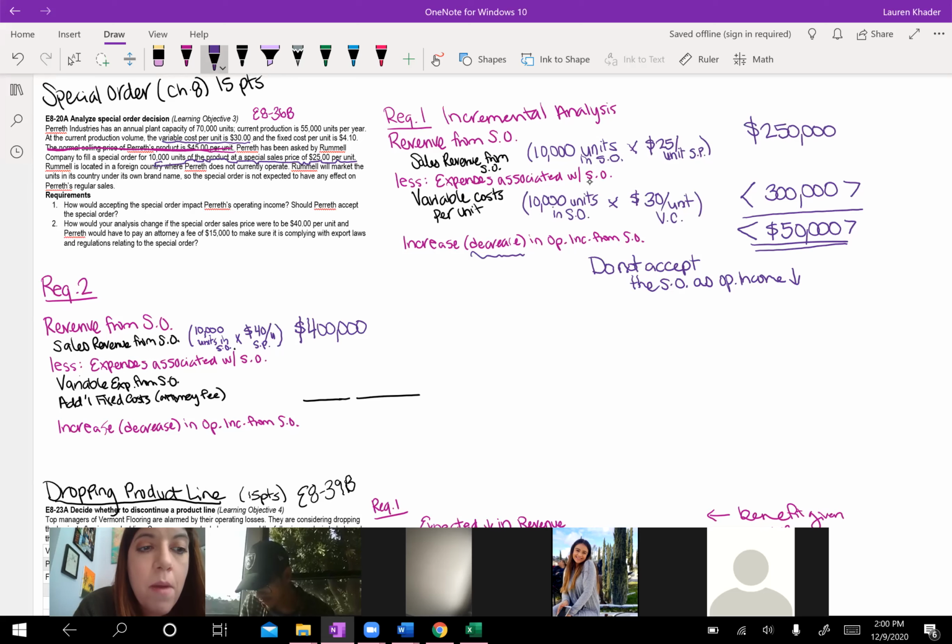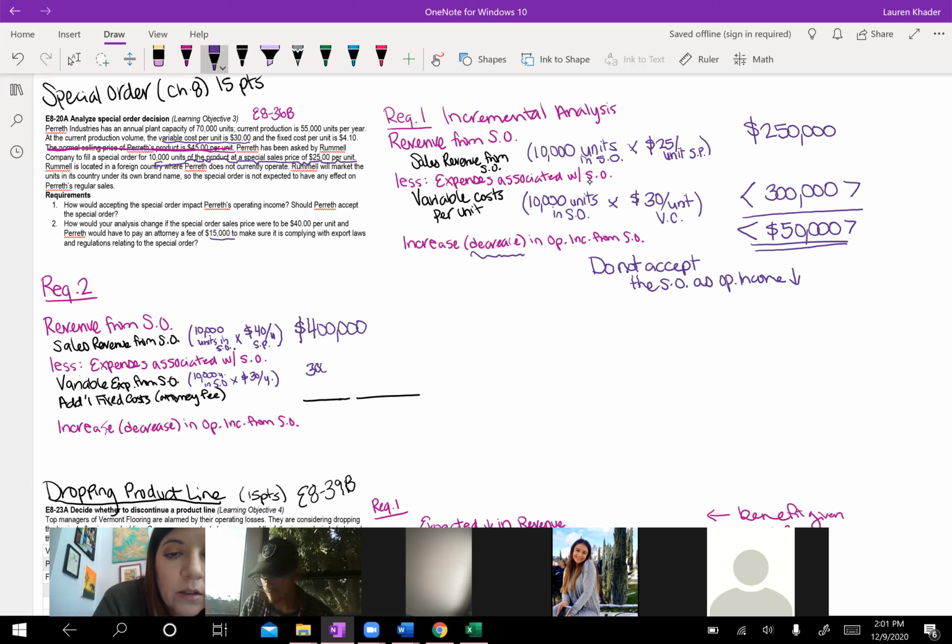And there's more, and Perith would have to pay an attorney fee of 15,000 to make sure it's complying with export laws and regulations relating to the special order. Do we still incur variable costs? Yes. So that 10,000 units in the special order times $30 per unit is still relevant.